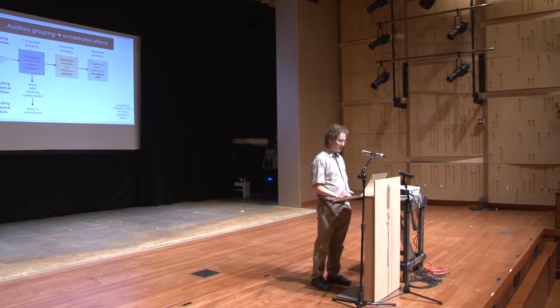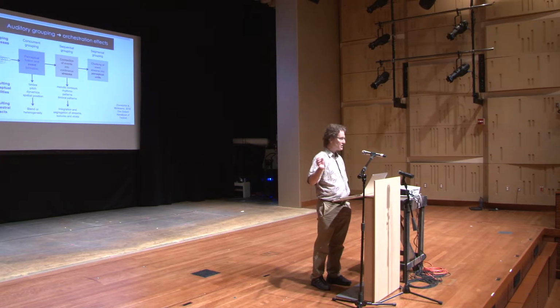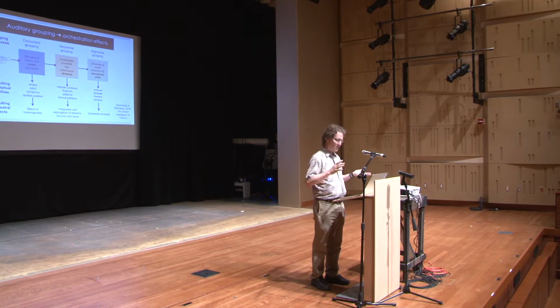We know that, for example, similarity in these parameters is involved in auditory stream integration, or the perceptual connection of events over time, and differences provoke the segregation of events into different streams or different orchestral layers. And finally, discontinuities in musical parameters promote the chunking of musical units, whereas a succession of unchanging or gradually changing blended or integrated instrument sounds creates a sense of continuity, which would be chunked as a single unit.